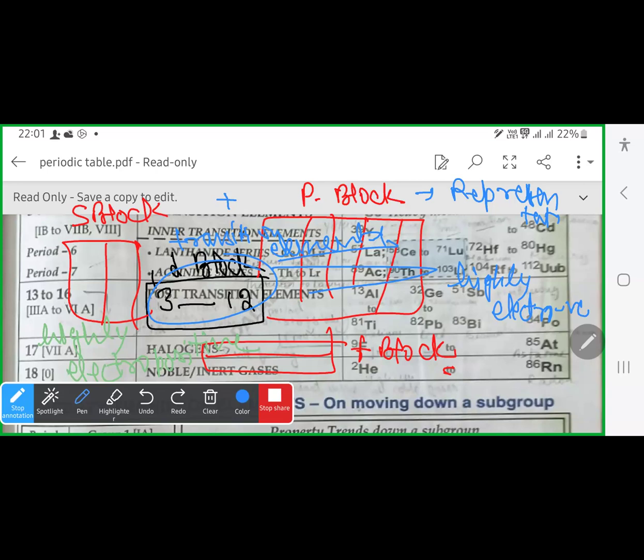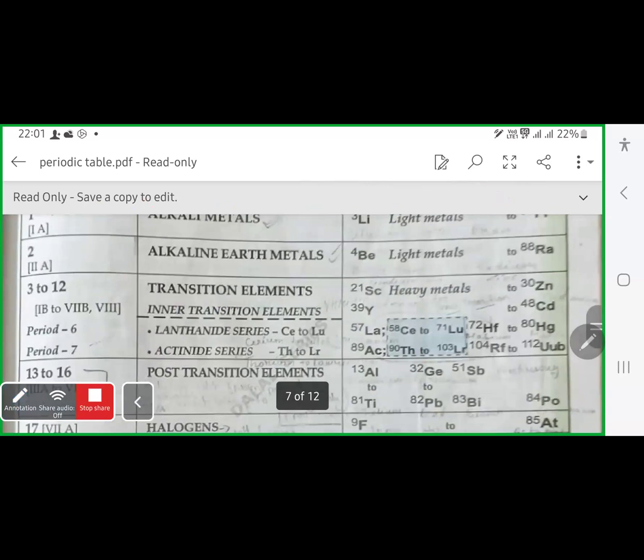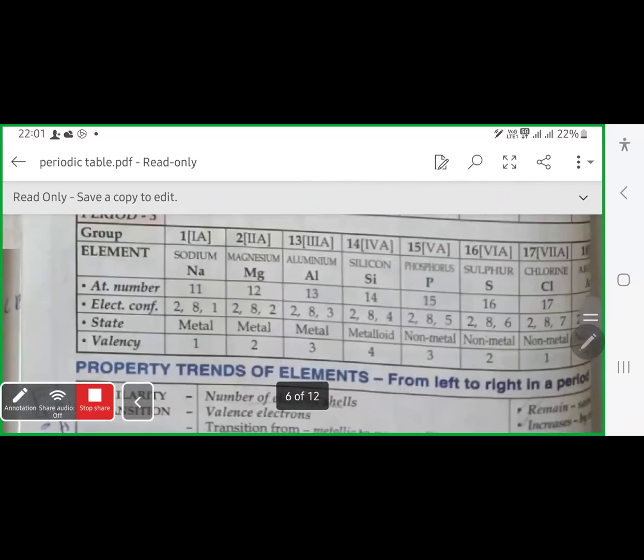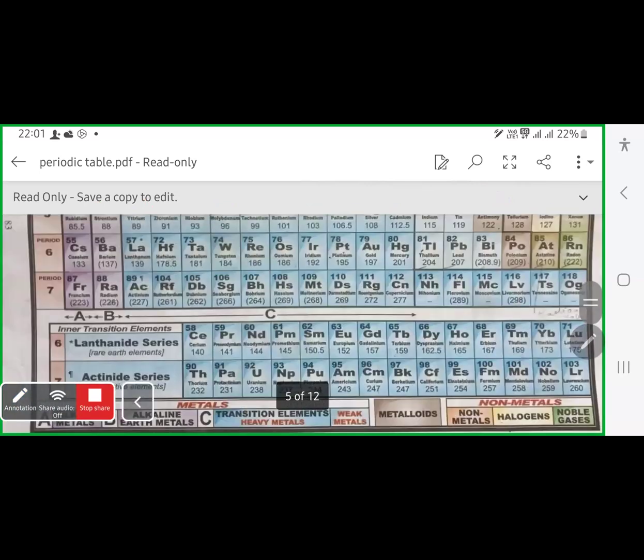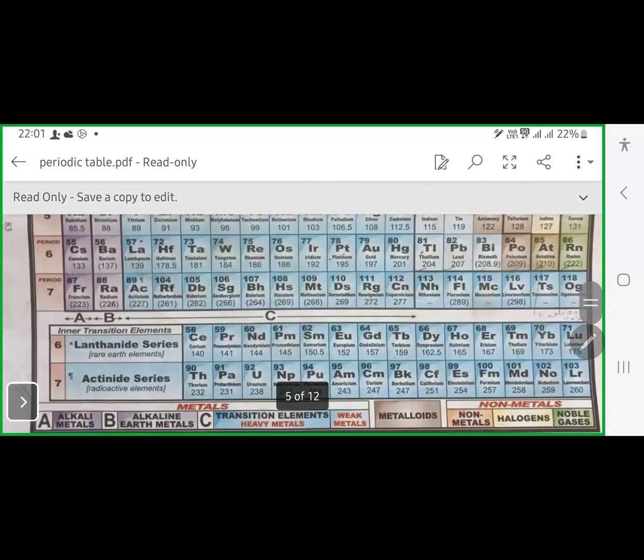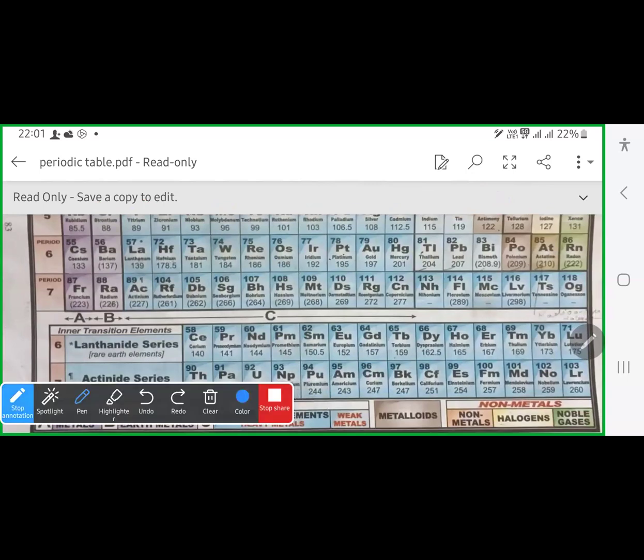Okay, now the last one is the F block elements. These are known as inner transition elements. Why? Because these are actually present in between the transition elements. See, in the periodic table, the actual position of lanthanides is here.